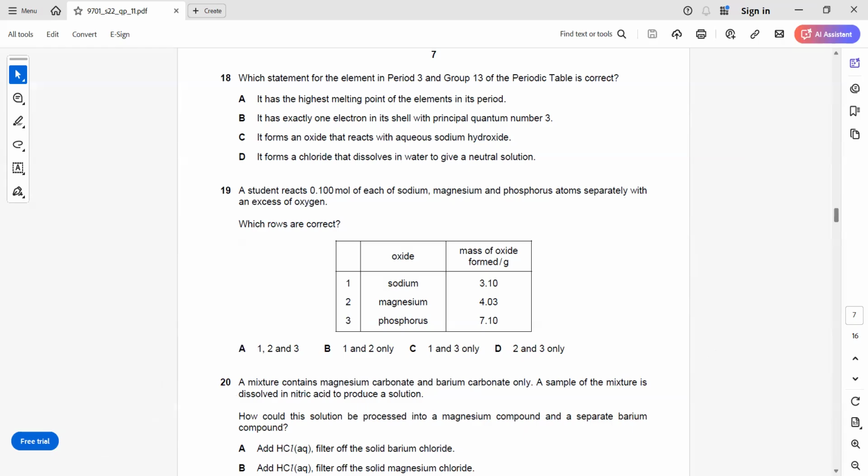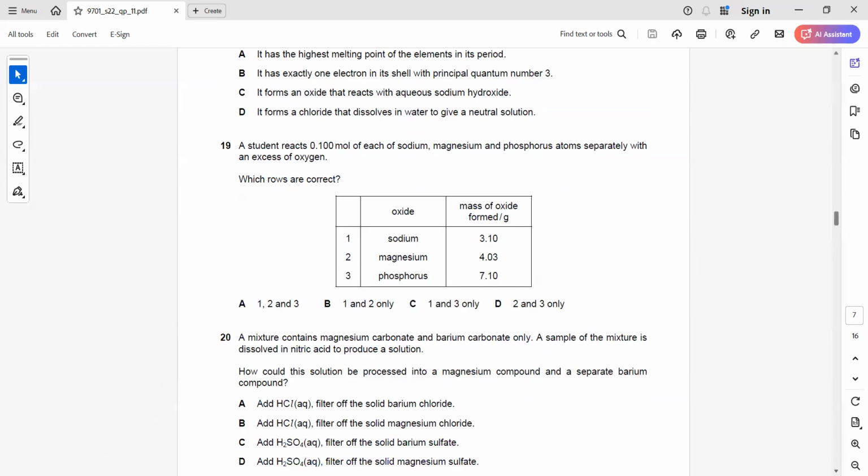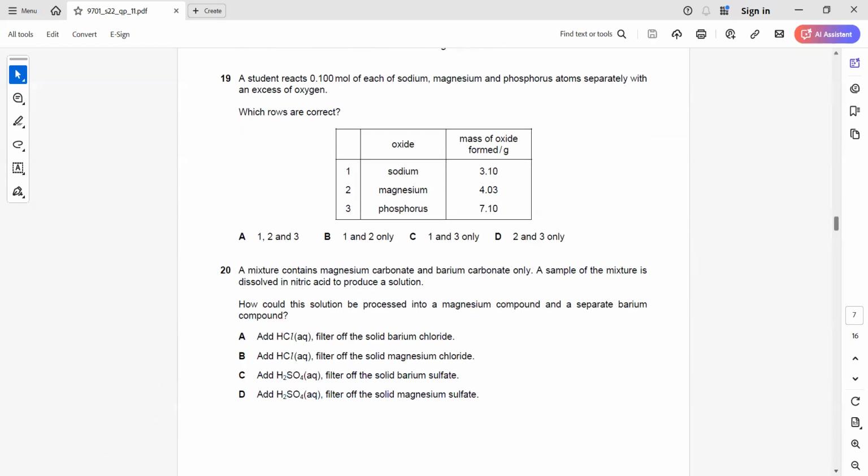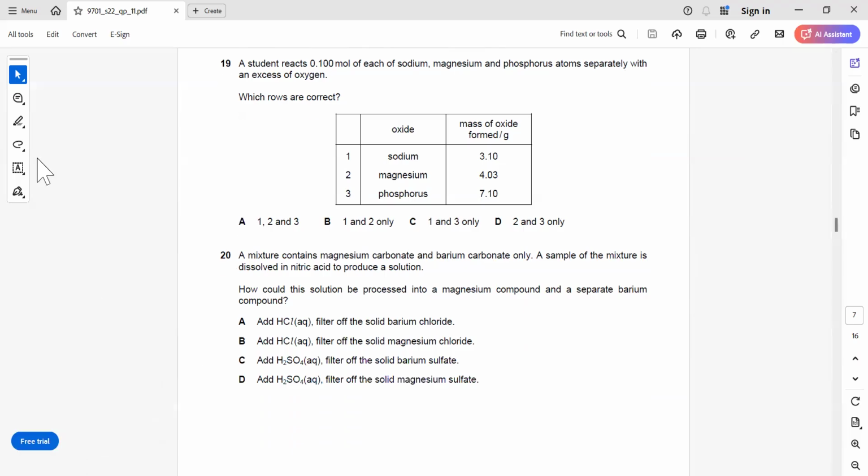Question number 20. A mixture contains magnesium carbonate and barium carbonate, BaCO3 only. A sample of the mixture is dissolved in nitric acid to produce a solution.